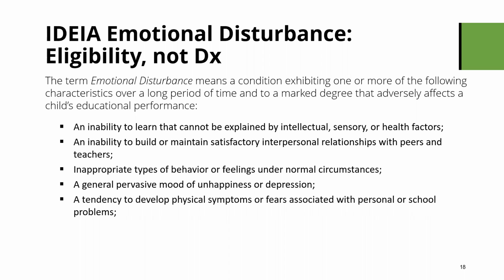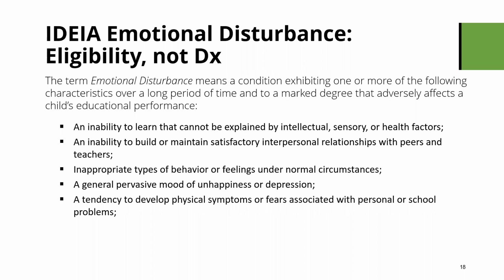And that's been up for debate in many states around what does that specifically mean. If a student is getting straight A's, for example, is their emotional condition adversely affecting their educational performance? In some states, yes, it does mean that, and in other states, not necessarily. So there are some differences there in terms of how the law is interpreted.